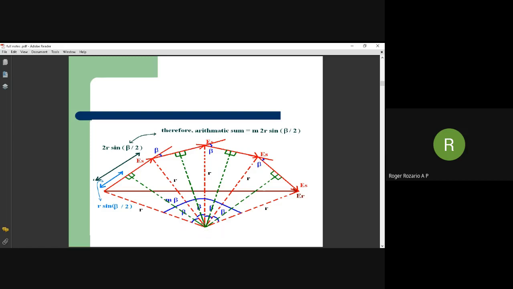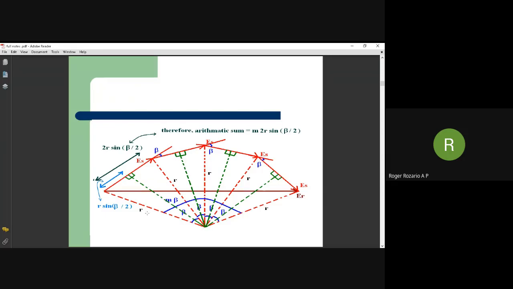So ES is the EMF induced in one slot, and the slot angle is beta. You draw a perpendicular from this point to this resultant ES. Now we are going to take this triangle.